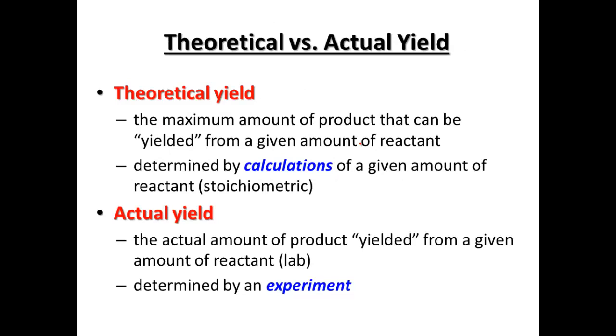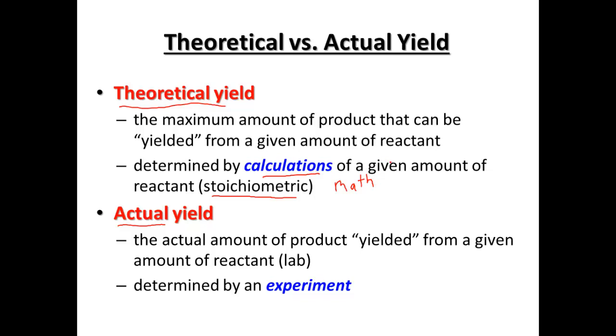So two ideas where I have theoretical yield and our actual yield. Theoretical yield is the maximum amount that can be yielded from the given amount of reactants. This is determined by calculations, or it's the stoichiometric version. So this is going to be our math part.